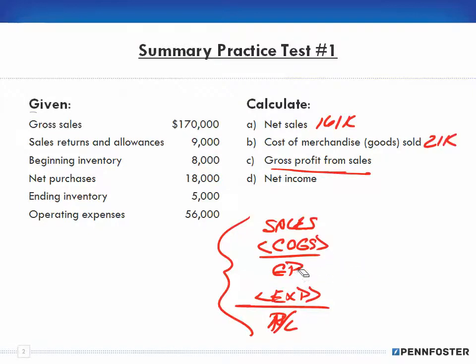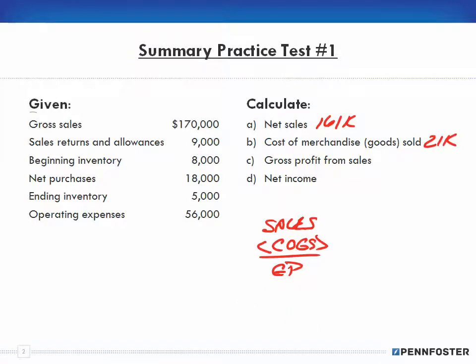Now, this math was relatively easy. If I know my sales less my cost of goods sold, I'm able to pick out my gross profit. My sales here were 170,000, and from B we calculated that my cost of goods sold was 21,000, which means our gross profit is 140,000.